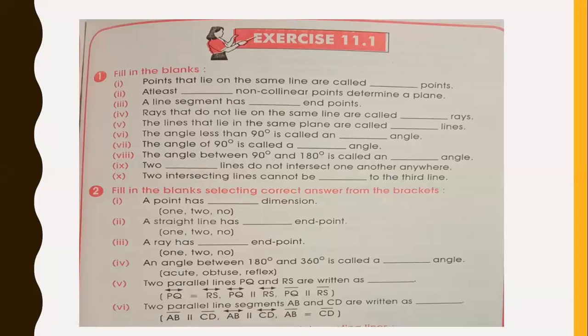Okay? And today I will give you some questions of 11.2 for your assignments plus theorem number 1. You have to solve theorem number 1 as it is. Now let me share the theorem with you.